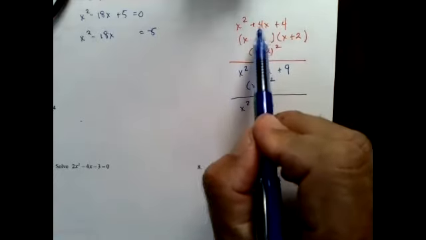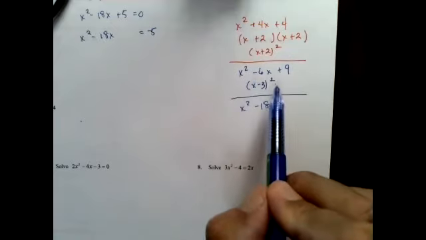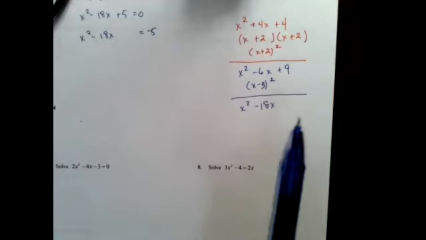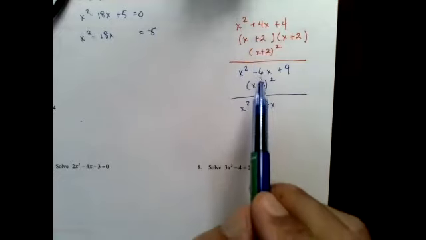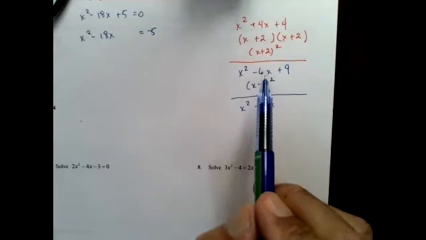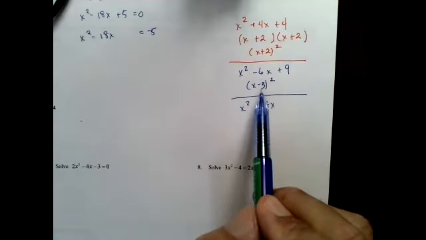Plus 4 became plus 2, plus 2. Minus 6 became minus 3, minus 3. How did I get those numbers? I took the 4, I took the negative 6, and I cut it in, 4-letter word, starts with H. Half.